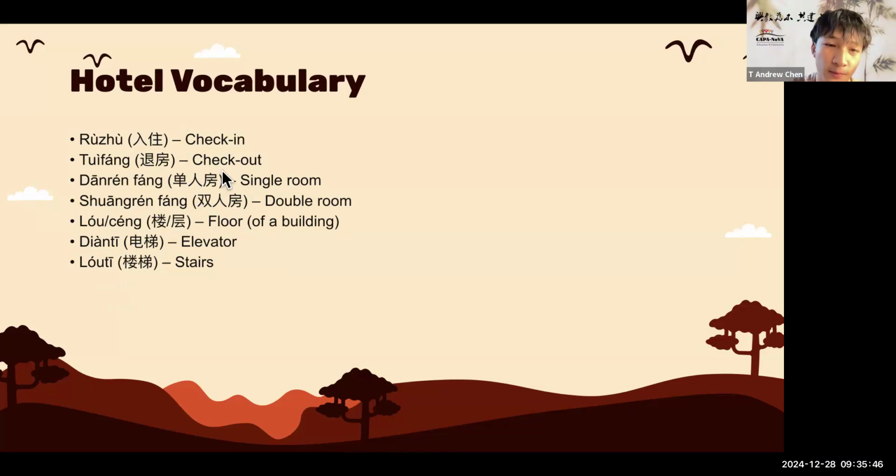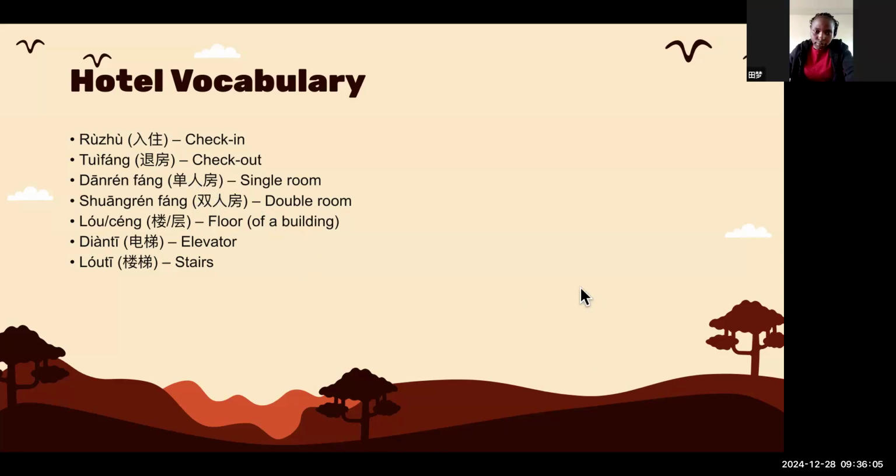So one person room, single room, 单人房. Similarly, if we wanted to say double room, two-person room, we would say 双人房.